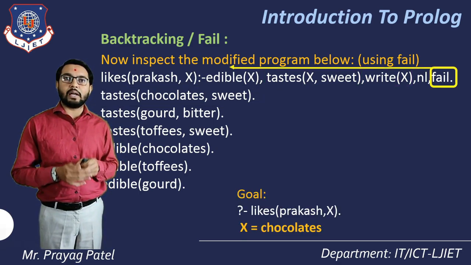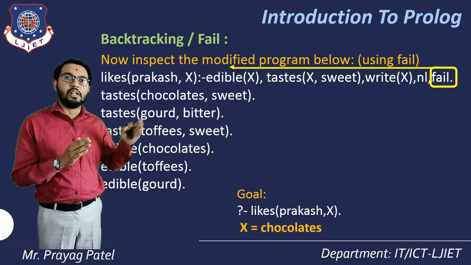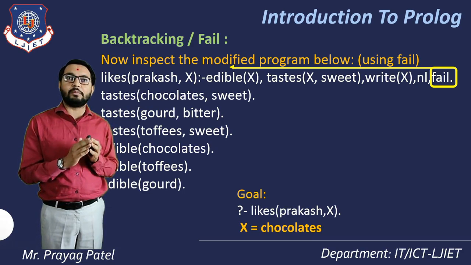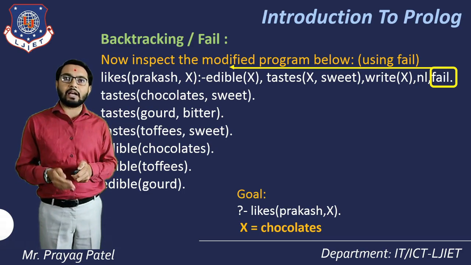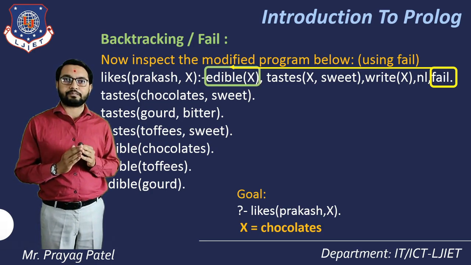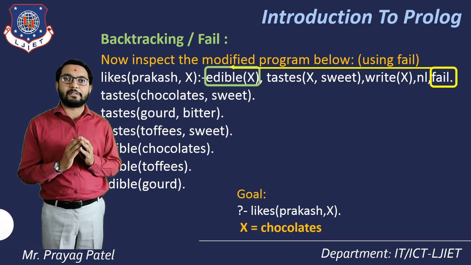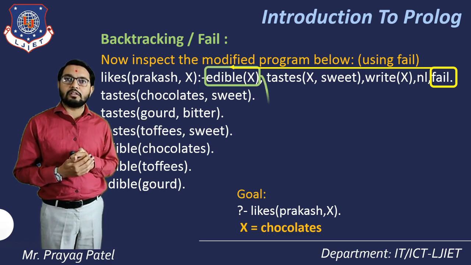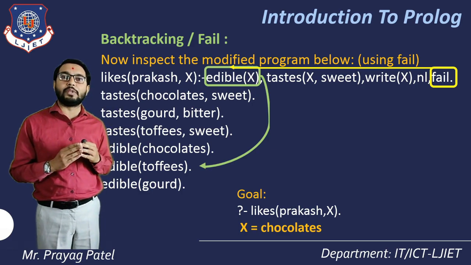What is the process for the fail command? Whenever the fail command occurs, it means backtrack on the edible x, because the right side portion of the fail command is never satisfied. So find the next solution, the next edible value of x.